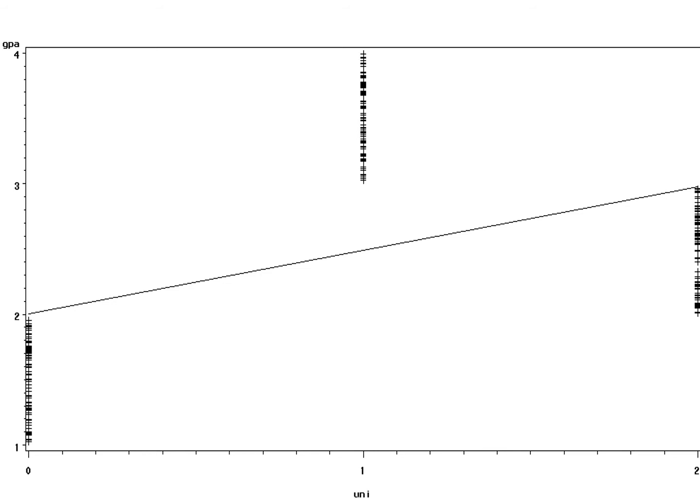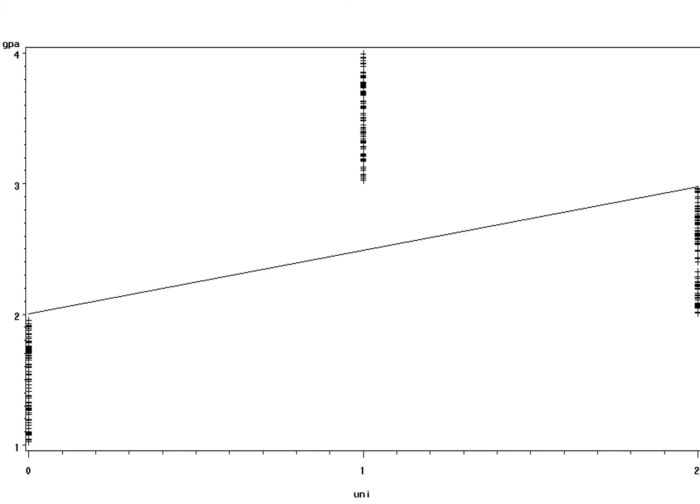So we have Westchester down there at the bottom, and then we have whatever University 1 was way up on top, and then University 2 kind of somewhere in the middle, right? And we can see the line just doesn't really fit the data very well at all, right? It basically over predicts for everyone from Westchester, under predicts for everyone at University 1, and over predicts for everyone at University 2.